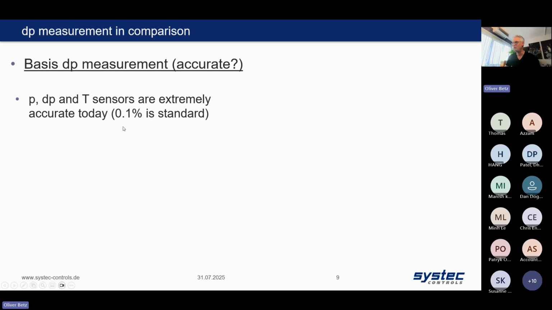So 0.1% of the measured value is a standard. This is nowadays not an extra pricing or something like that. So even better accuracies. I think if you take a dP transmitter now from a high class manufacturer like Yokogawa, we are talking about accuracies of 0.04% or something like that. So highly accurate transmitters, which help for the total accuracy of the measurement.